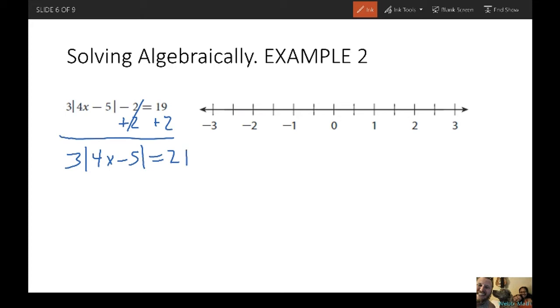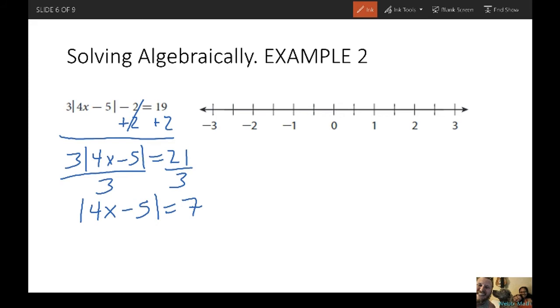I'm not worried about inside my absolute value yet. I'm not worried about my disjunction. I just want to get my absolute value alone, which means I have to divide that multiplying 3. So I'll use the division property. And finally, at last, I get my absolute value all by himself. And now I can solve for his disjunction.